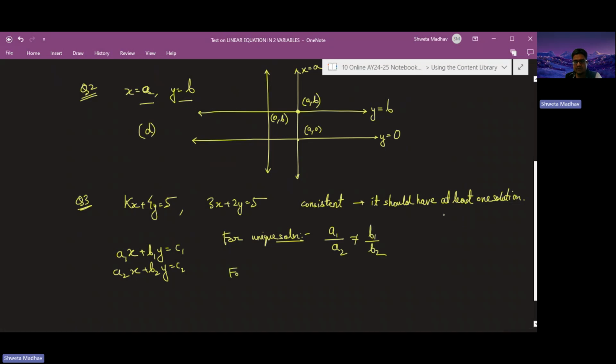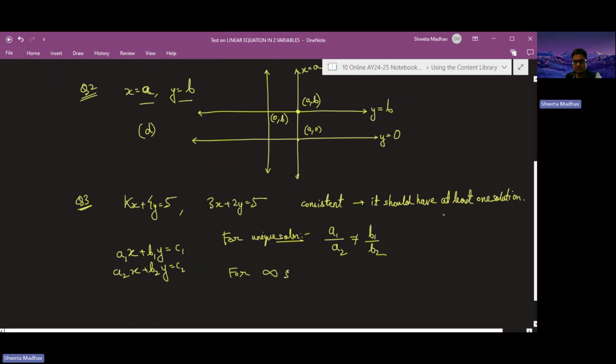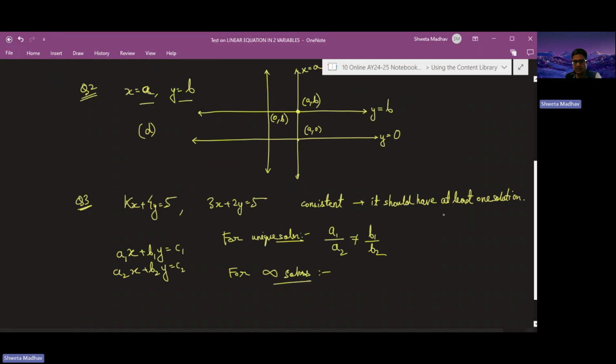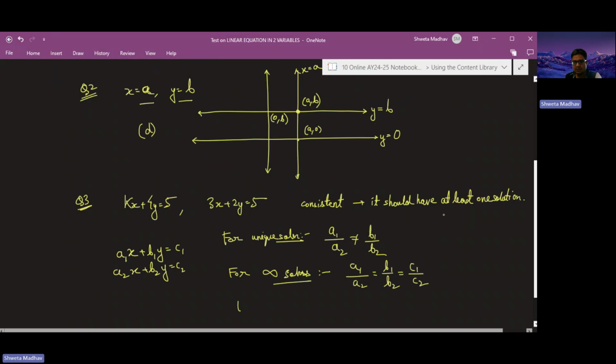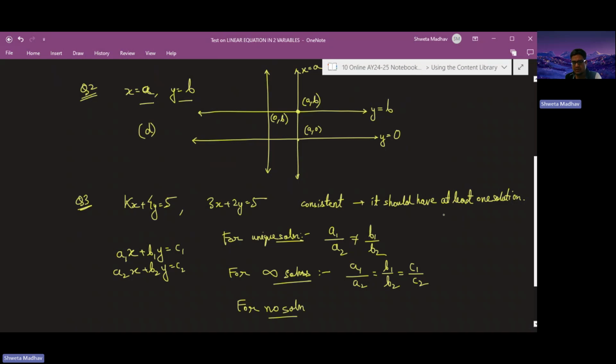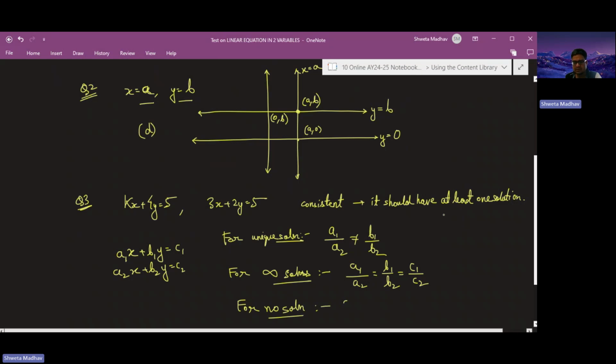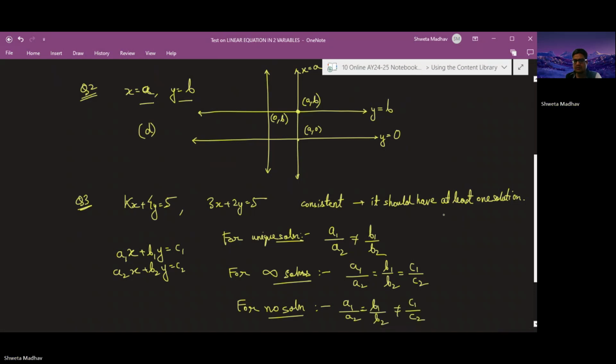And for infinite number of solutions, we should have a1 by a2 equal to b1 by b2 equal to c1 by c2. And for no solution, we should have a1 by a2 equals b1 by b2, which is not equal to c1 by c2.